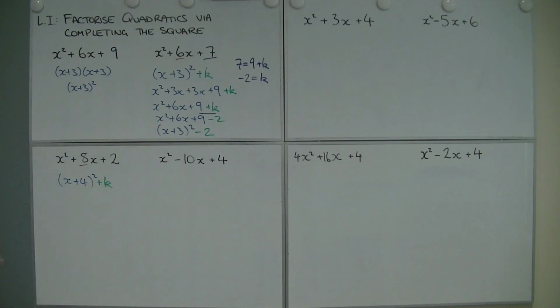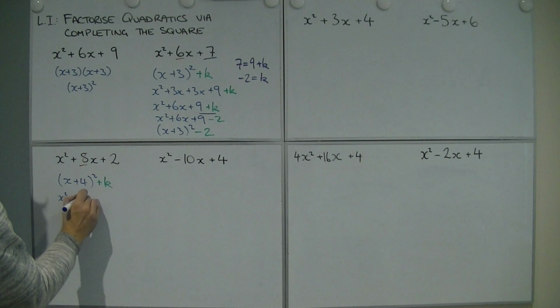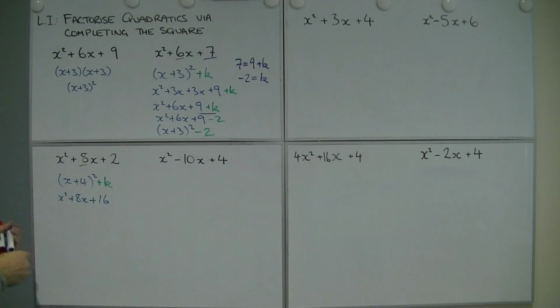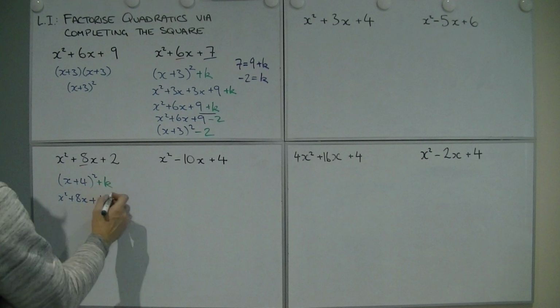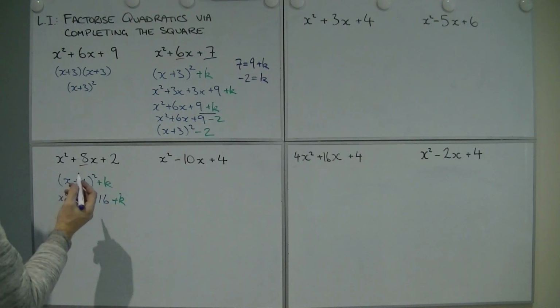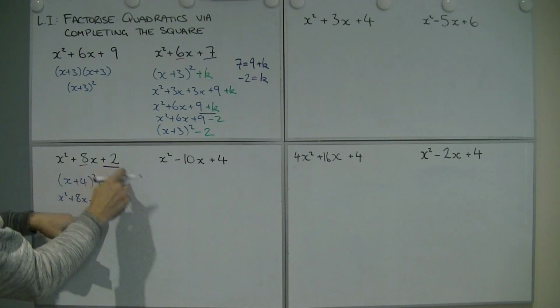Okay, great. Well, what happens if I expand this out? I'd get x squared plus 8x plus 16. If you're not sure where that 8x came from, just write out x plus 4, expand it out and simplify, you'll end up back there. Cool, plus some k. Okay, great. Well, hang on, I need this to equal that, because this matches, I need those two to match.